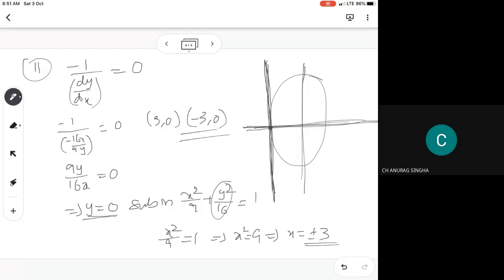Normally most of the students get confused: sir, parallel to the x-axis means we take 0, parallel to the y-axis means the slope is undefined. Undefined means 1 by 0, which cannot be written normally.